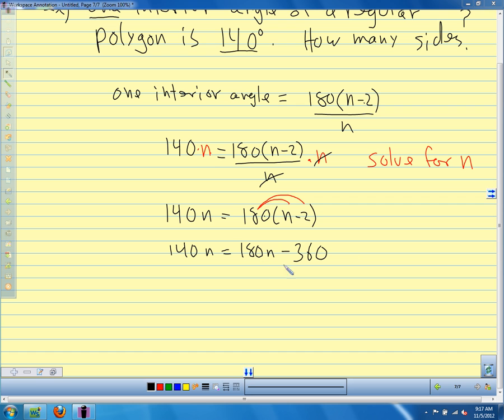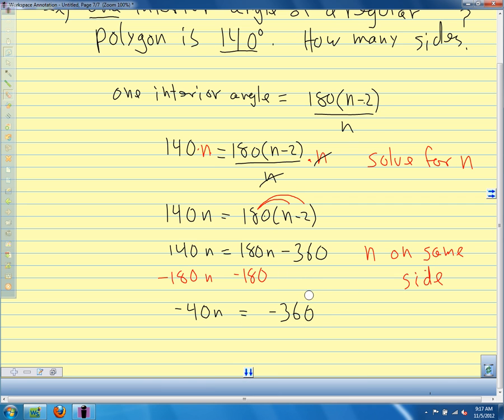I want to get the n's together. So n's on the same side. So I'm going to subtract 180n. And this is where we need to be careful. 140 minus 180 is negative 40. And I have a negative 360 here.